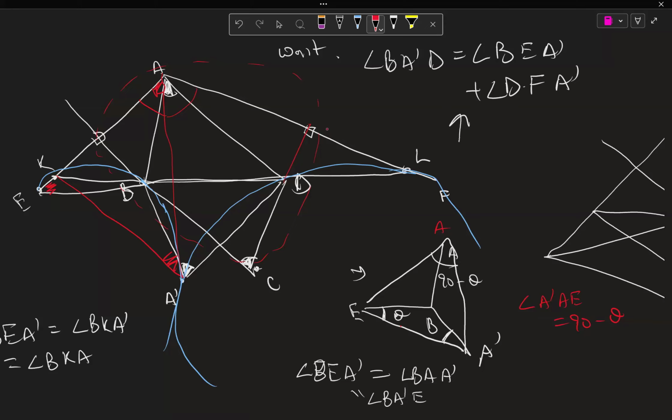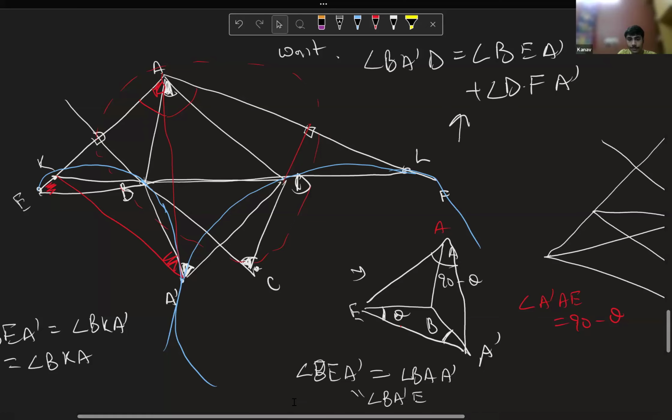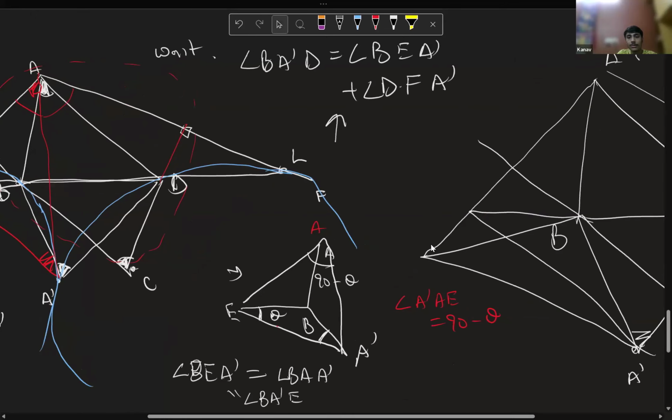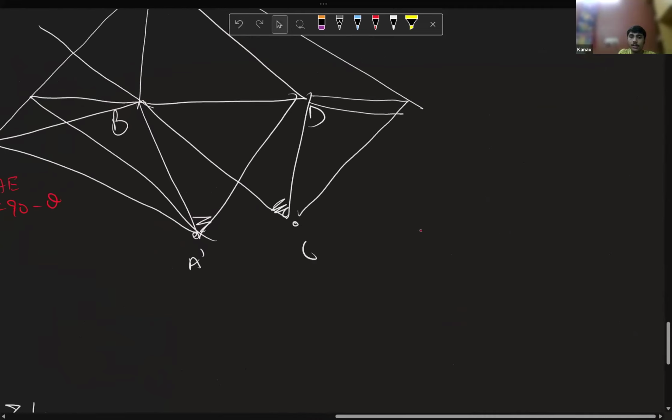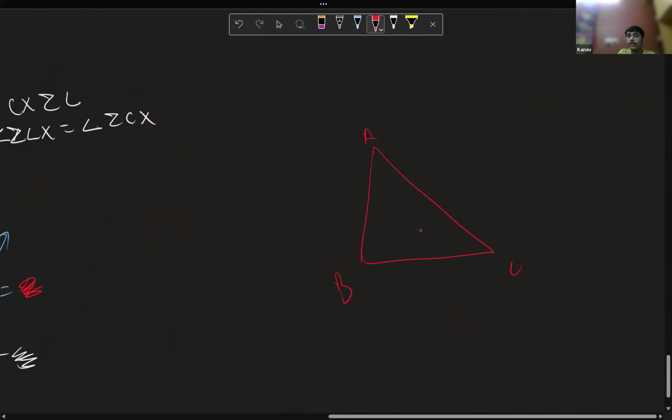Can you tell how A prime AE is equal to 90 minus theta? One second. In general, if you have a triangle ABC with circumcenter O, the angle BOC is 2A.